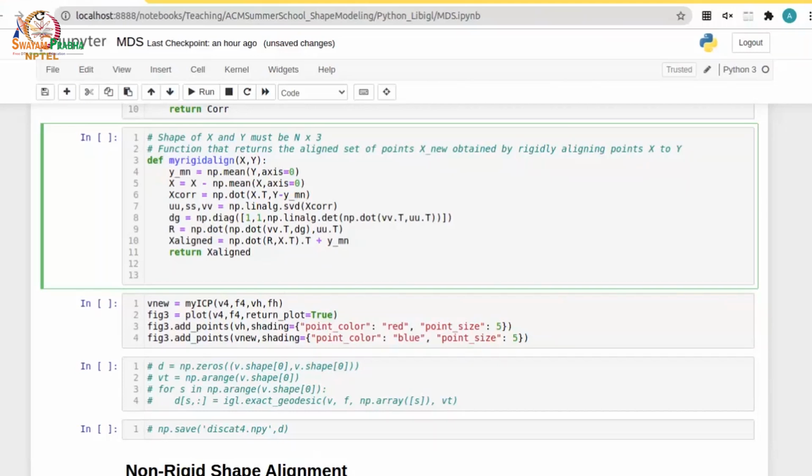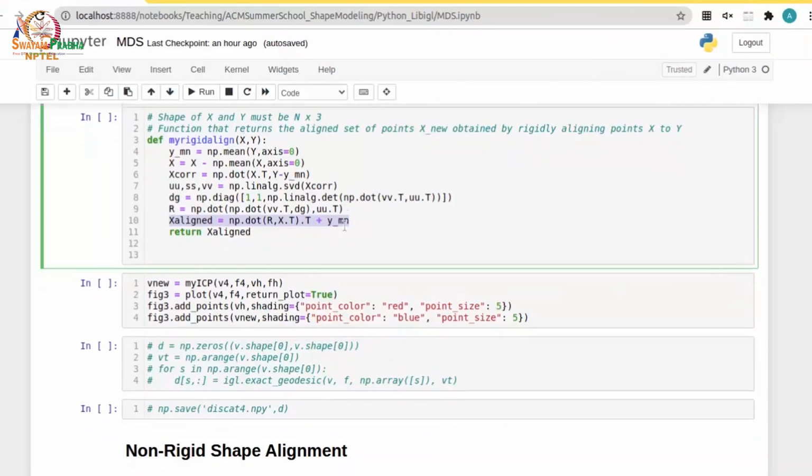That is the input, and then it finds the best optimal rigid transformation, using SVD as discussed in the morning, and then also applies these rigid transformations that you have just found on the set of points X. So remember in this myRigidAlign function, it aligns the set X to the set of points in Y, not the other way around. Please be careful. These two functions are already given.